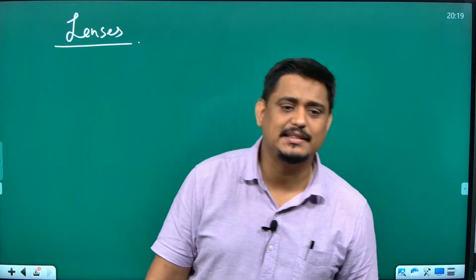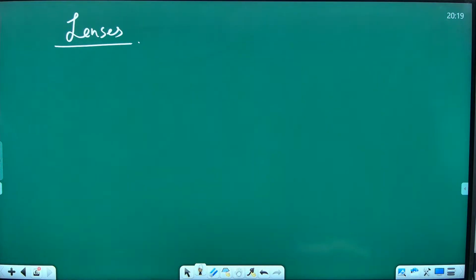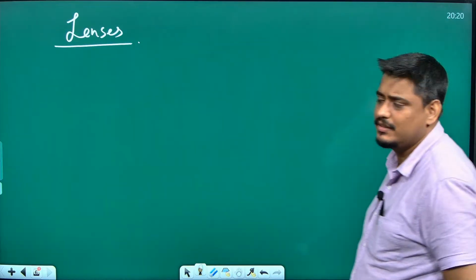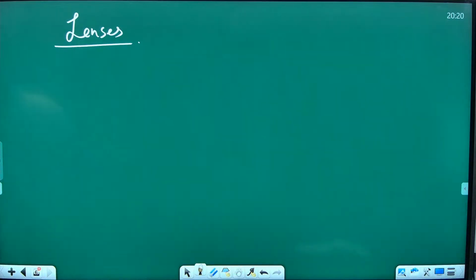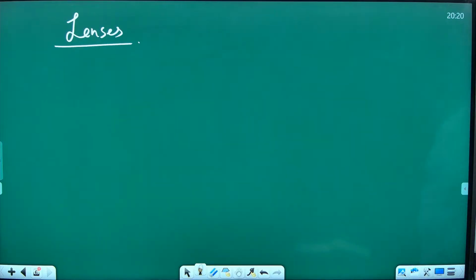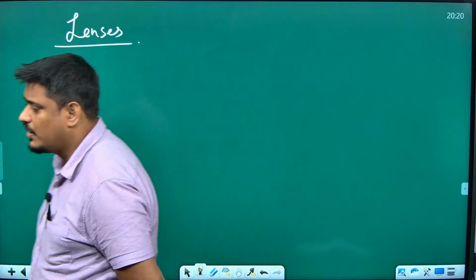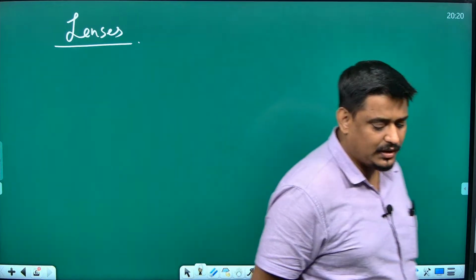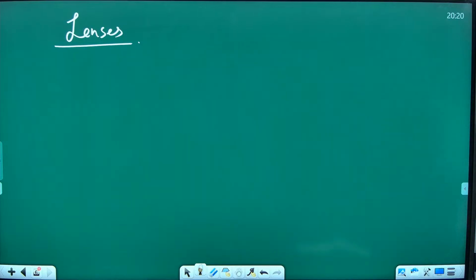Lens is an optical device which is made by the combination of two surfaces, one out of which must be spherical.